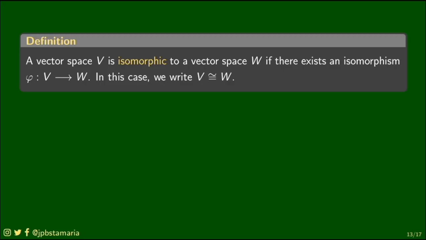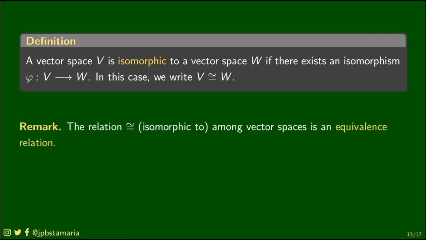So if V is isomorphic to W, we write this funny symbol. This relation is actually an equivalence relation among the vector spaces. That means it's reflexive. Any vector space is isomorphic to itself. To show this, you just consider the identity. The identity is an isomorphism.